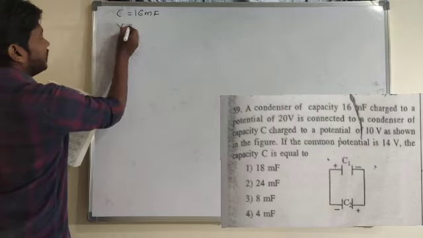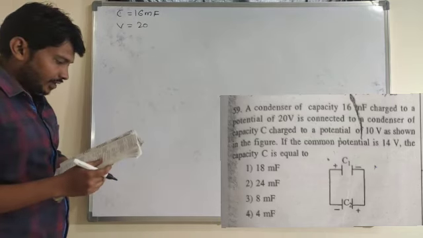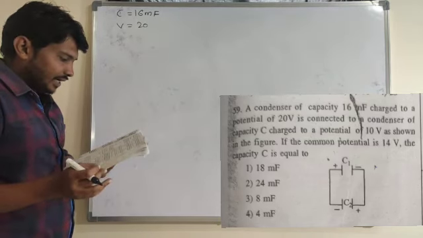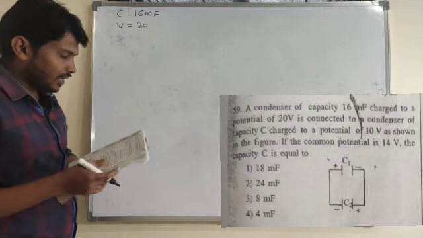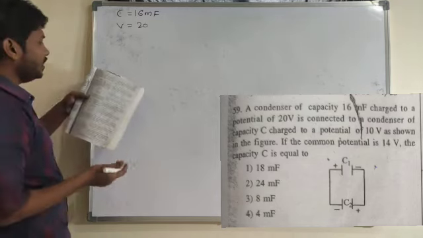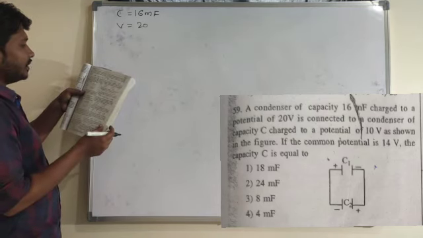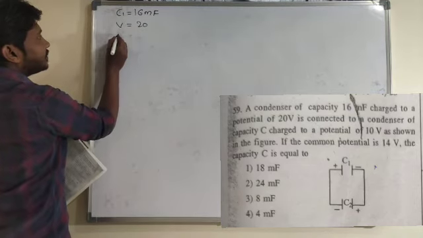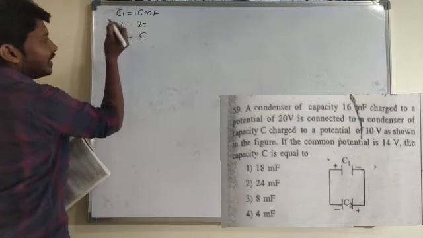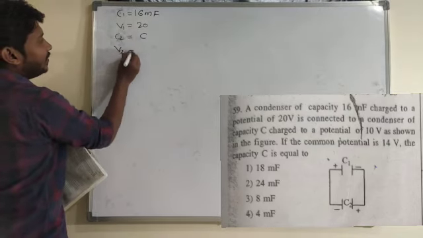It is connected to a condenser of capacity C charged to a potential of 10 volt, as shown in the figure. Its common potential is 14 volt. Then C1 is equal to 16 millifarad, C2 is C, V1 is 20 volt and V2 is 10 volt.